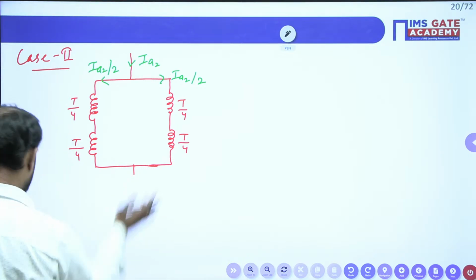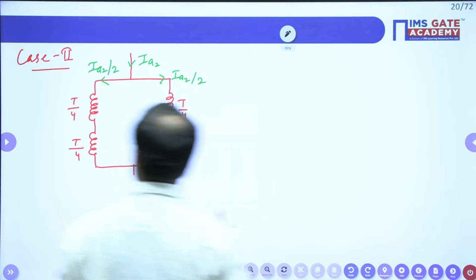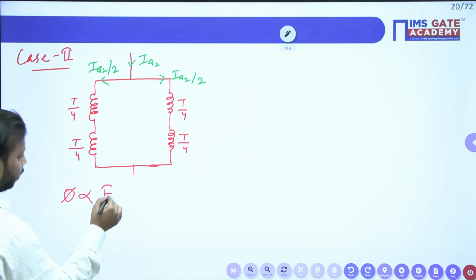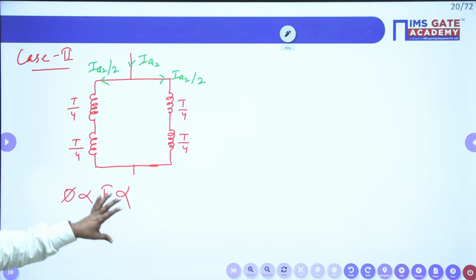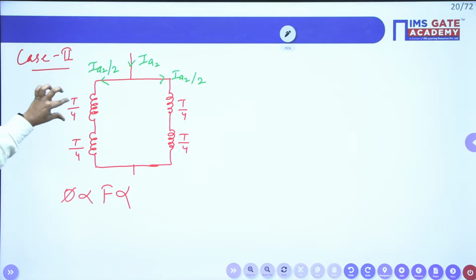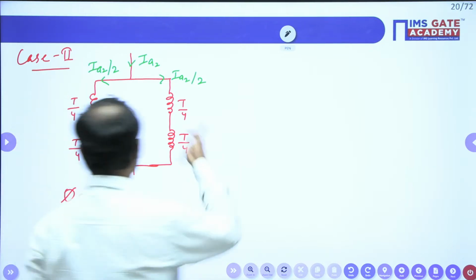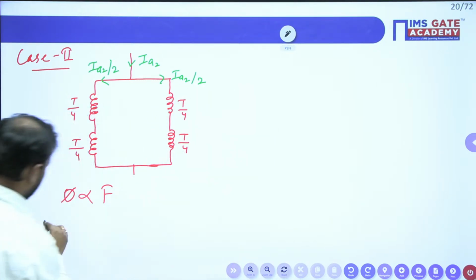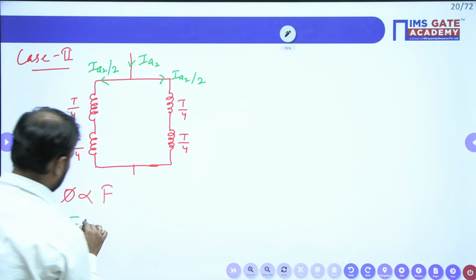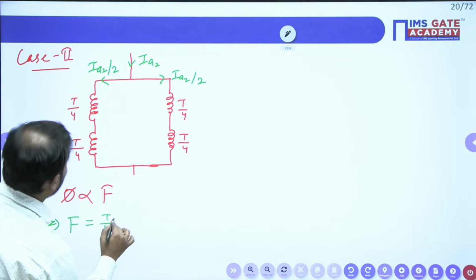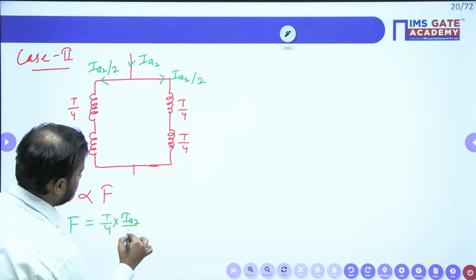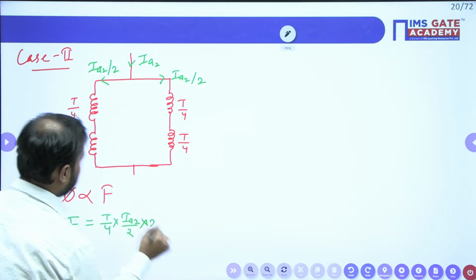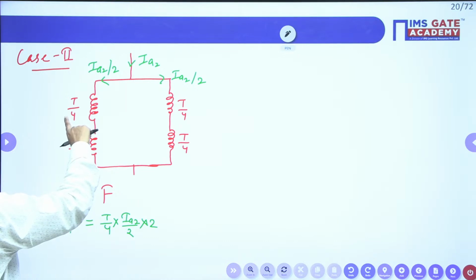Now in this case, flux is proportional to mmf. So in this case, mmf will be what? See here, mmf will be Ia2 by 2 into T by 4. F is equal to T by 4 into Ia2 by 2, into 2 because of this.